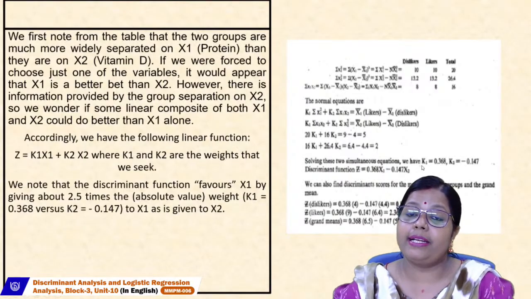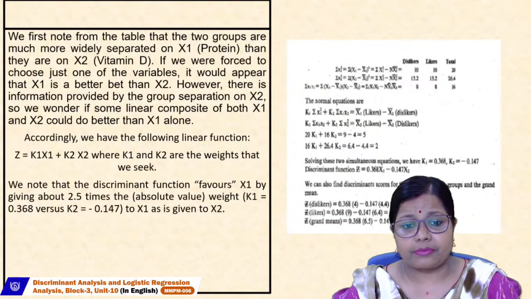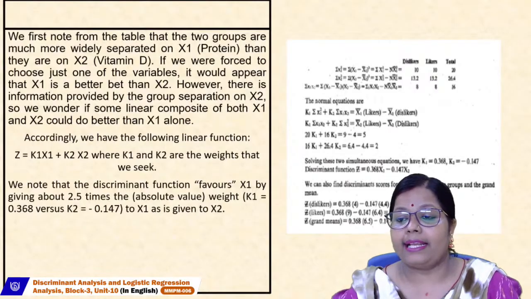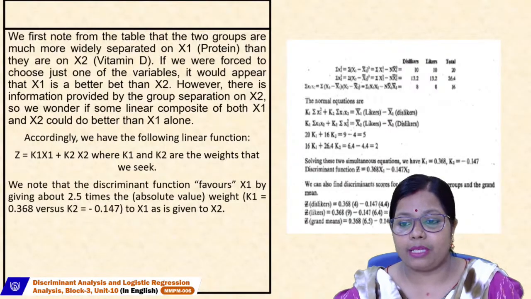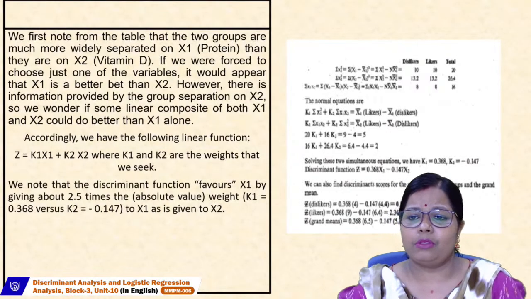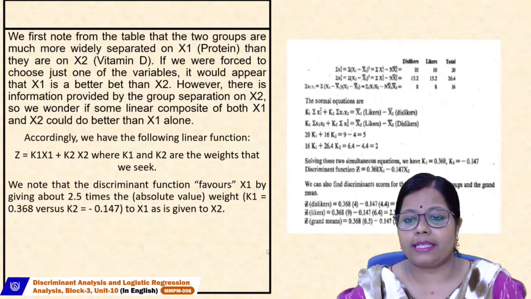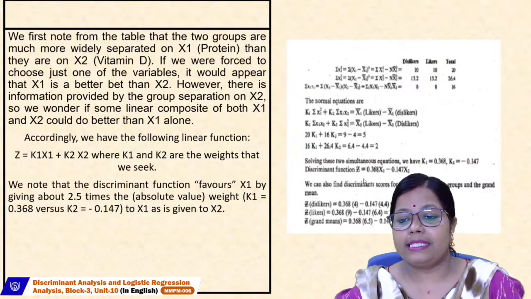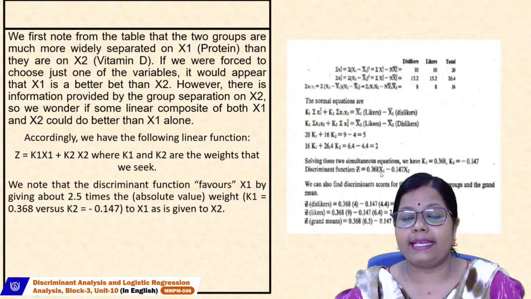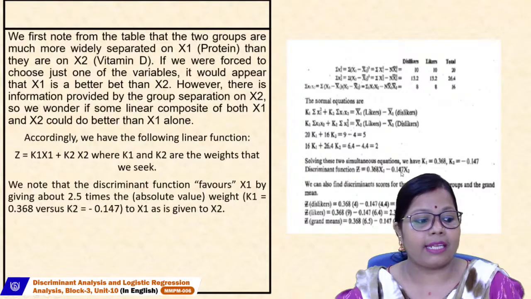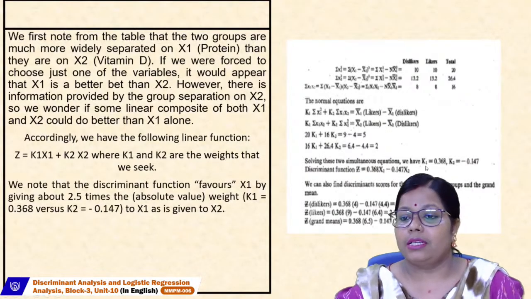K1 is the weightage for the variable x1, and k2 is the weightage for the variable x2. To interpret this result, the discriminant function is z equal to 0.368 x1 minus 0.147 x2. What does it mean?